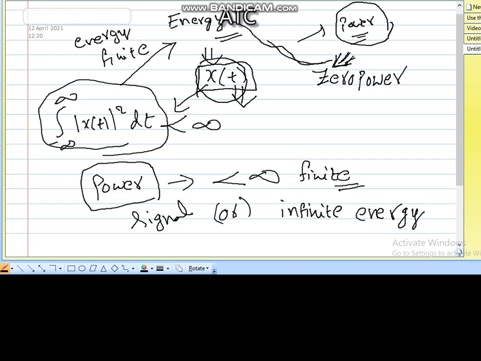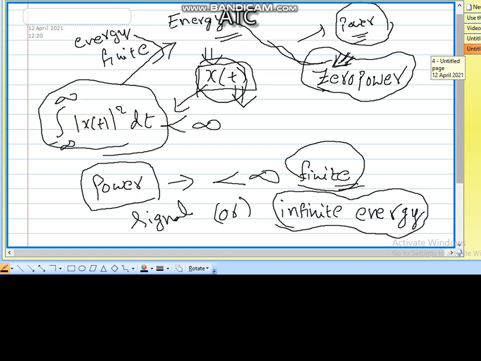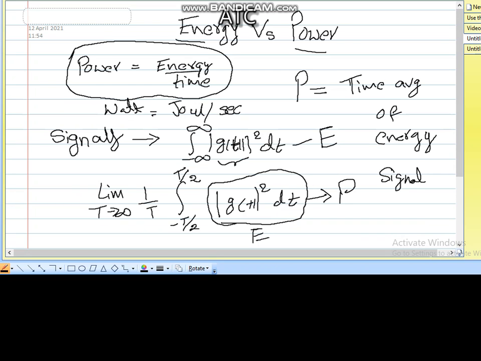So why? For the energy signal, energy is finite and we said zero power. The power signal has finite power, and we say it has infinite energy. From these two equations you can see why.